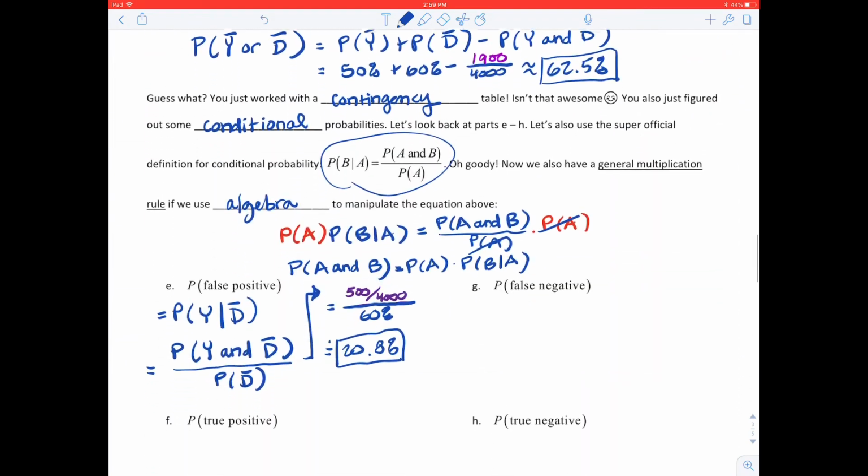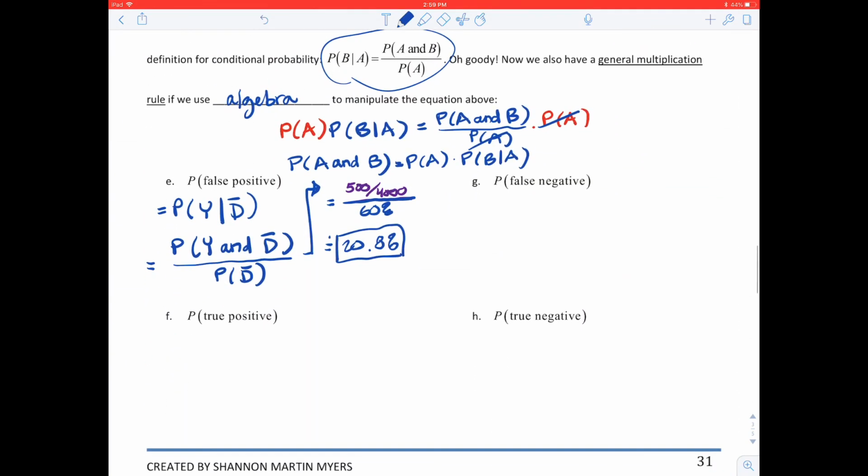Okay, let's do F. The probability of a true positive is the probability that they tested positive given that they have the disease. That will be the probability that they tested positive and they have the disease, divided by the probability they have the disease.